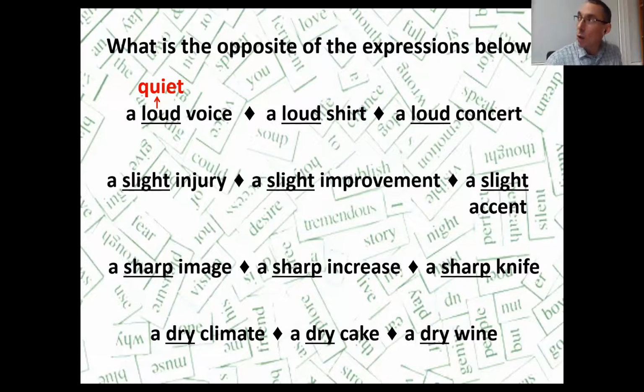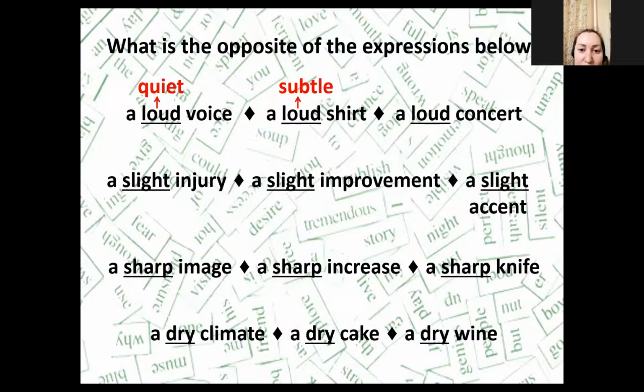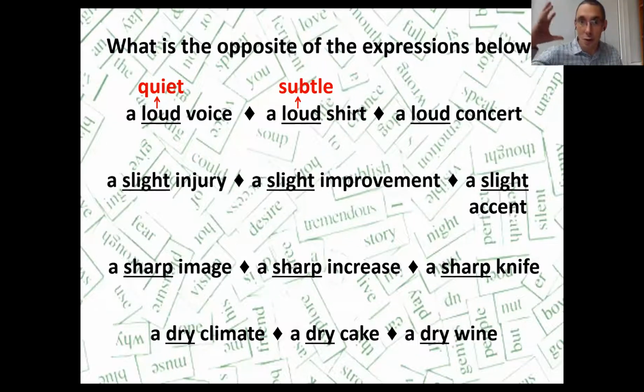So how could we say this in one word, an adjective? A shirt that is not very colorful. Any ideas? Subtle. This word we say, subtle. A subtle shirt, a shirt that doesn't take your attention. And a loud concert, actually quiet would be the same in this situation too.